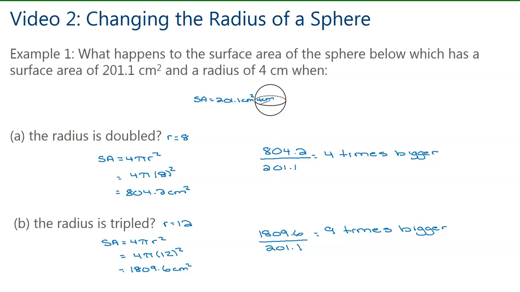So when the radius was multiplied by 2, the surface area was multiplied by 4. And when the radius was multiplied by 3, the surface area was multiplied by 9. So what conclusion can we make here?